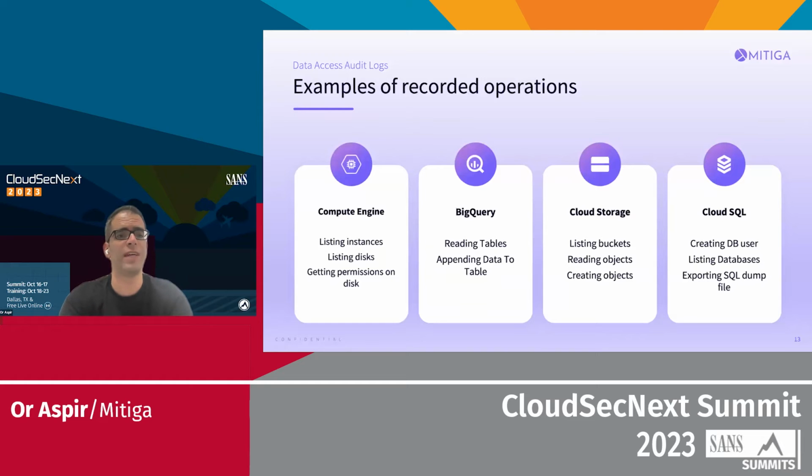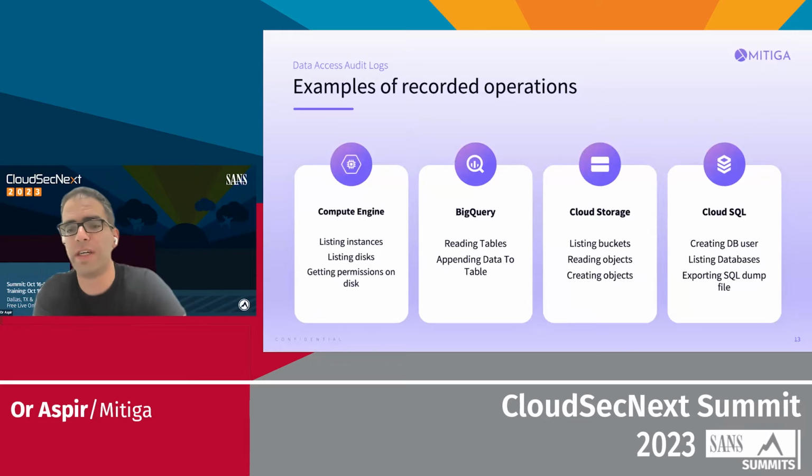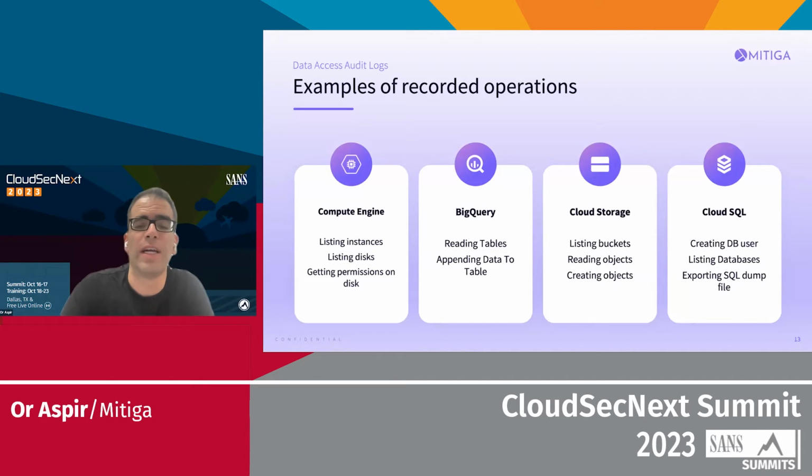Examples of such events are: in Compute Engine, listing instances and getting permissions; in BigQuery, reading tables and appending data to a table; in Cloud Storage, listing buckets and reading objects; and in Cloud SQL, creating a DB user, exporting a SQL dump file, and more. So it's all about data activity inside those resources.